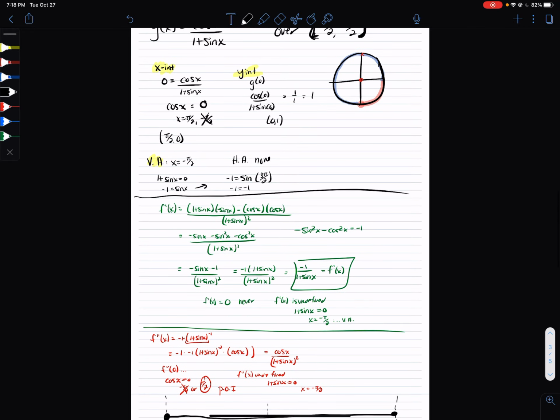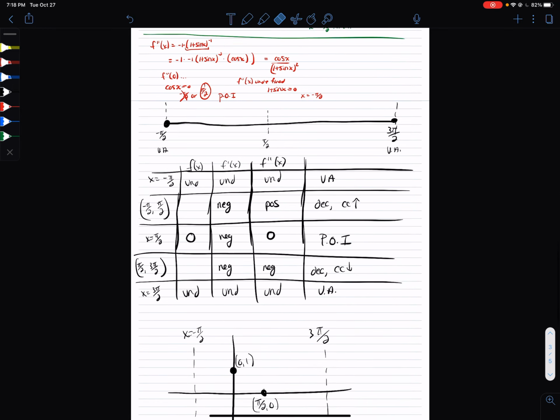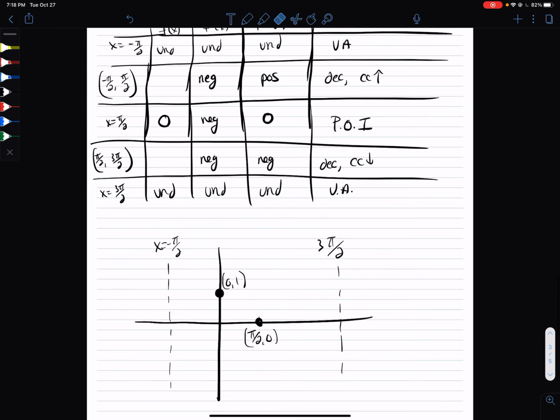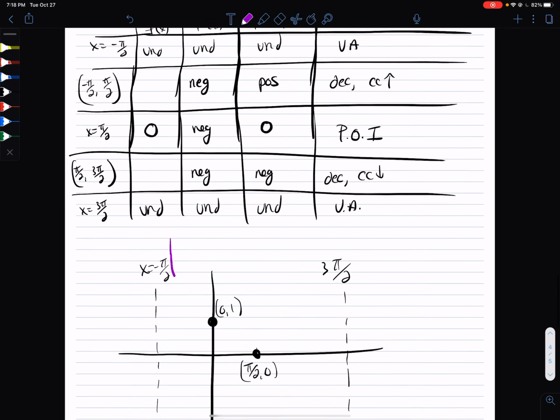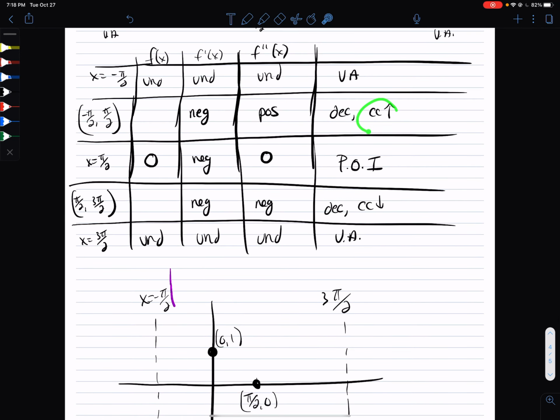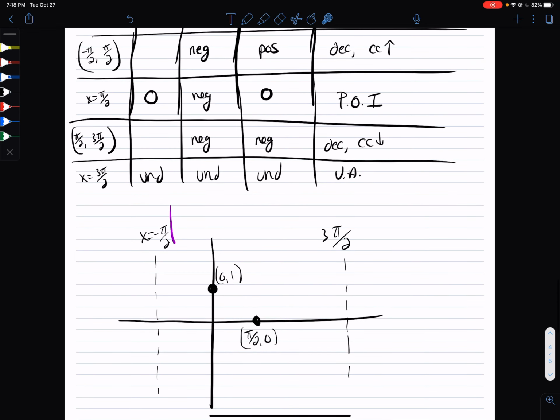And then that was really all that was going on from there. We already have our vertical asymptotes in, and the only thing that we saw was our point of inflection. So as we come decreasing from our vertical asymptote, we're decreasing and it's concave up until it hits that point of inflection at 0. I feel like I have an error now.